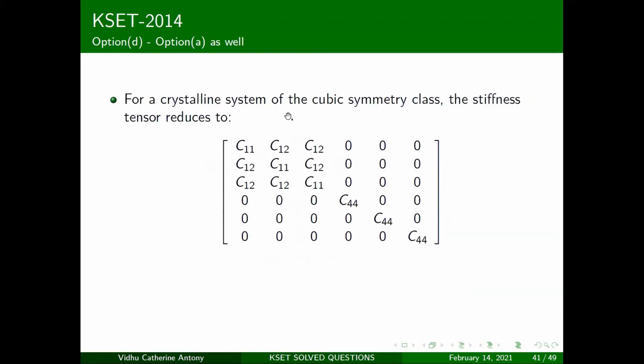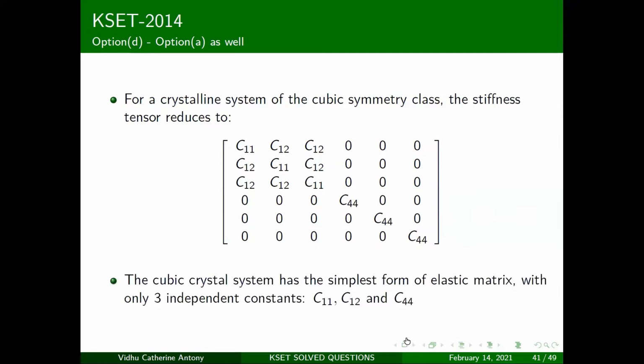For a crystalline system, due to the cubic symmetry, the stiffness tensor reduces to just 3 parameters: C11, C12, and C44. So the cubic crystal system has the simplest form of elastic matrix with only 3 independent constants.